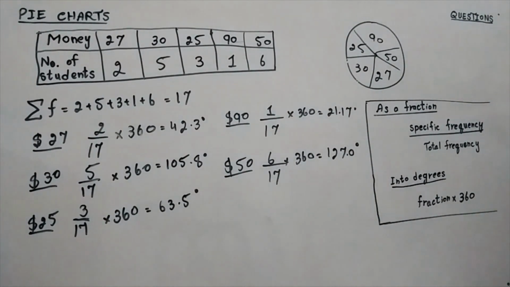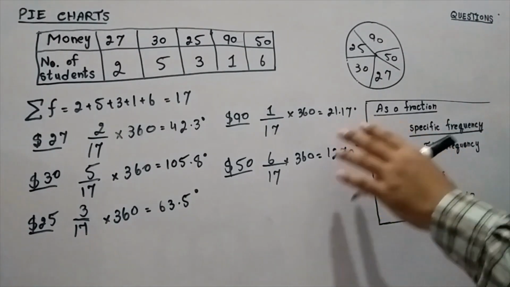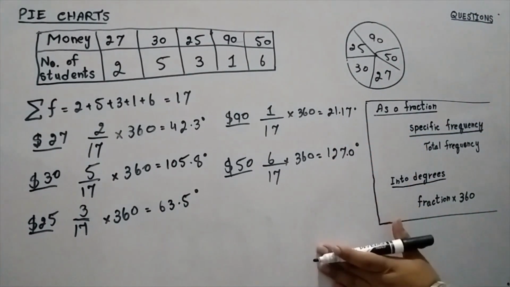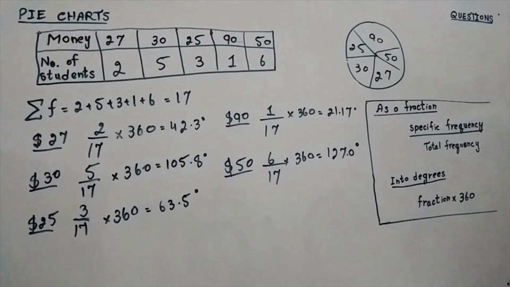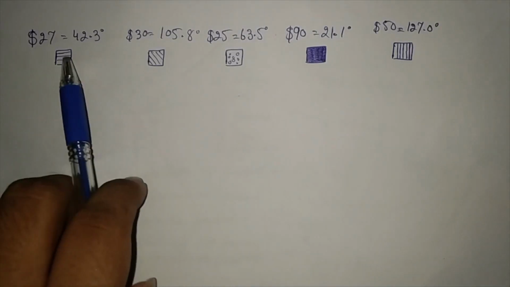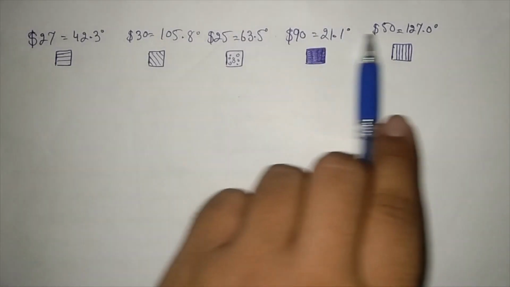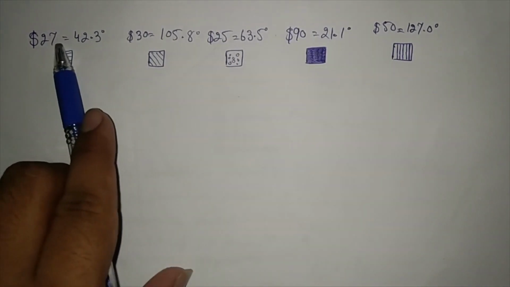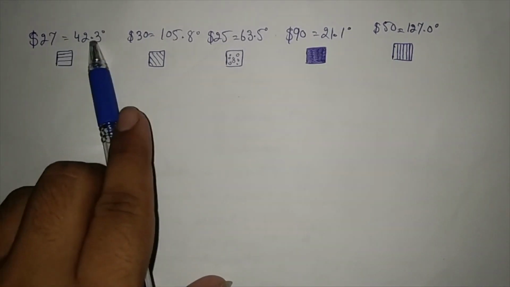Now we will draw these degrees in a circle, or we can say now we will draw a pie chart with the help of these degrees. Get it? So let's see how to draw a pie chart with the given degrees. You can see here I have written the degrees. Here you can see $27.